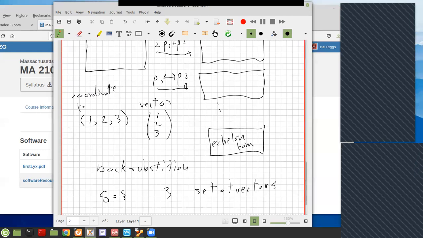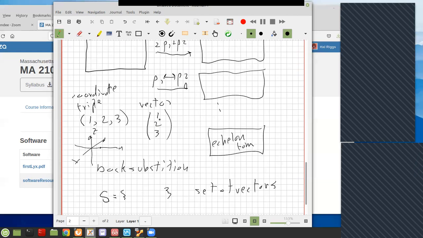So this is used to locate, to identify a solution as 3 numbers, and it also corresponds to the notation for the coordinates in geometry. Like if I had an X, a Y, and a Z axis, then this would be like 1, 2, and 3, and that would locate a point in this space.